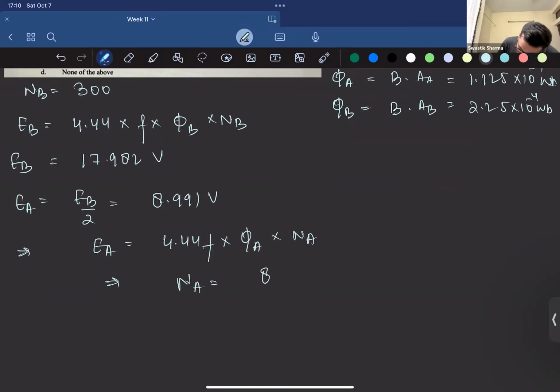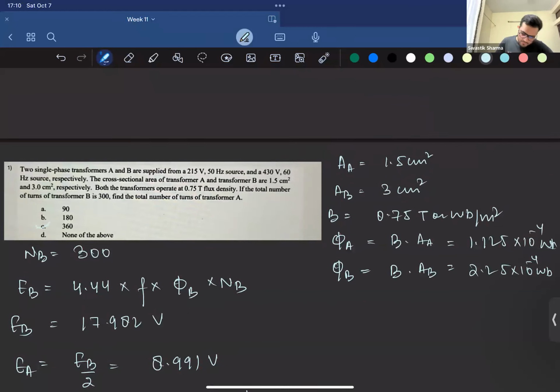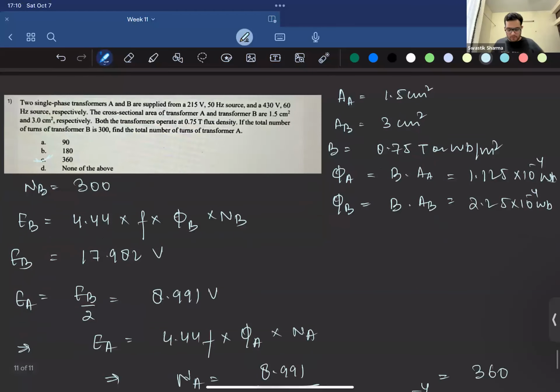NA is nothing but 8.991 divided by 4.44, frequency of operation is 50, phi is 1.125 into 10⁻⁴. If you find this out, it is 360. So we got NA as 360. So it's C. Right? So that's how you solve this question.